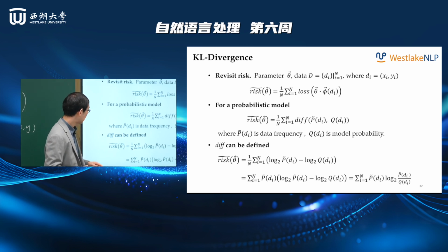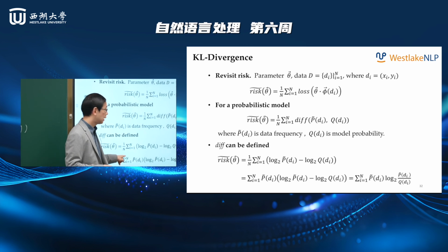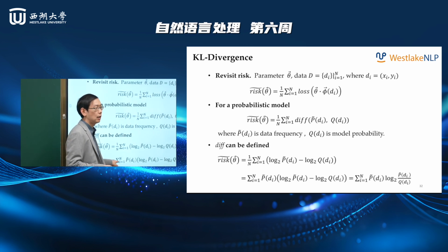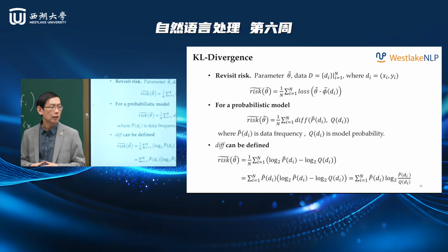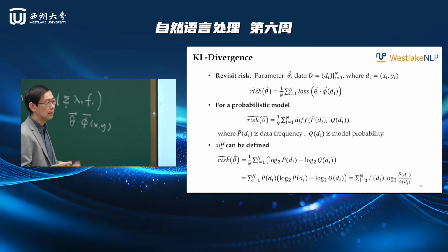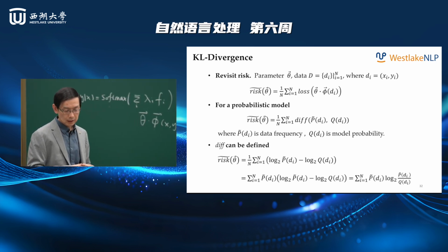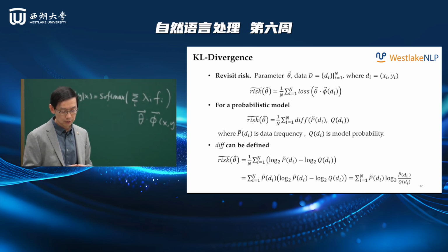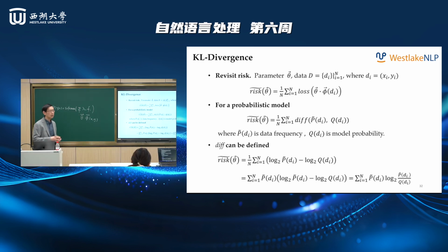So we can generalize this equation into the sum over all possible data instances of P tilde times (log2 P tilde minus log2 Q), okay? And that is equal to the sum over every instance of P times log2 (P over Q).